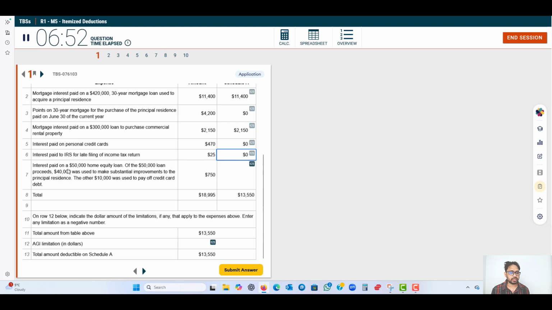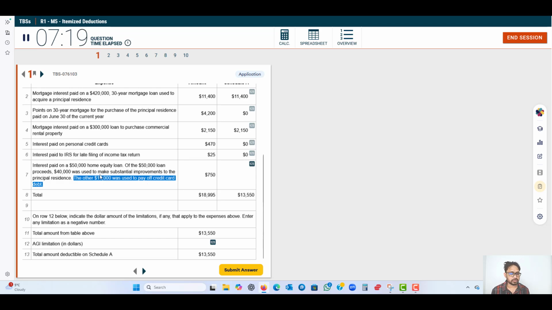Interest paid on a 50,000 home mortgage equity loan. Of the 50,000 loan proceeds, 40,000 was used to make substantial improvement to the principal residence. The other 10,000 was used to pay off the credit card debt. So that $10,000 is actually for a credit card loan. It is for your own personal things.